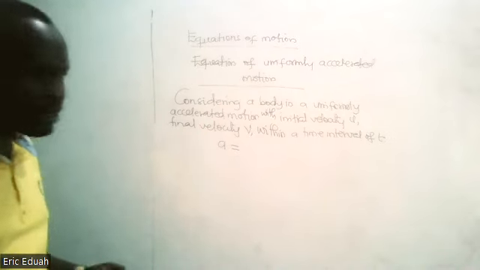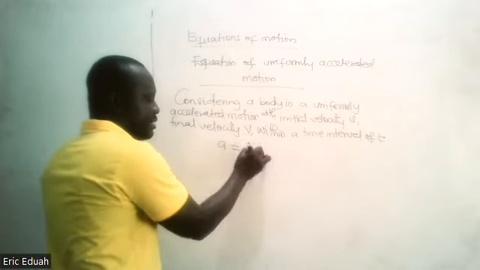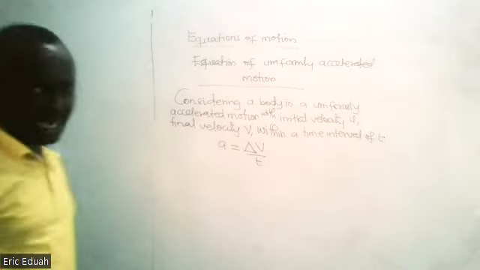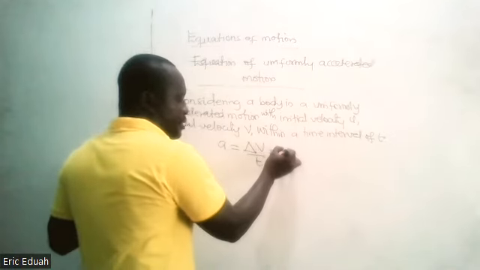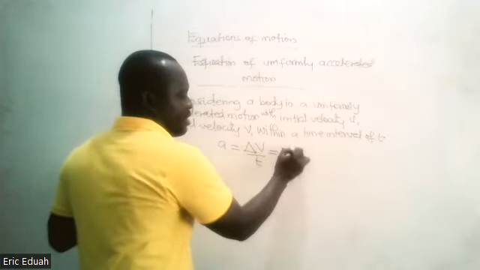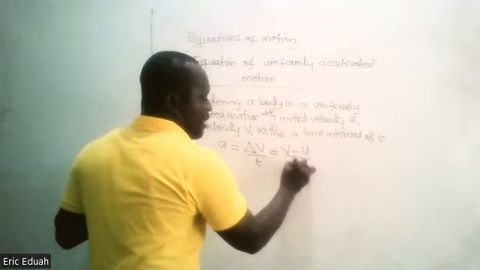Since acceleration is the change in velocity with time, this will be equal to the final velocity v minus the initial velocity u over t.